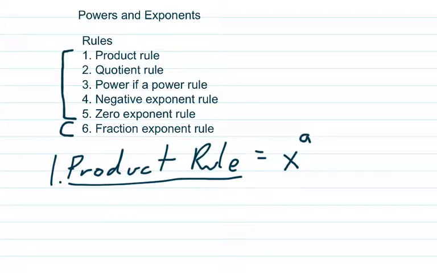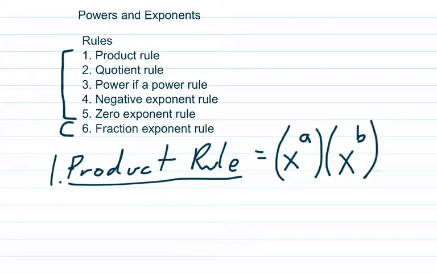So the base x to the power of a, as long as you've got the same base, and that's the key with exponent rules, you need to have that common base. The exponents can be the same or different, doesn't matter. We're just calling them a and b here for our purposes.